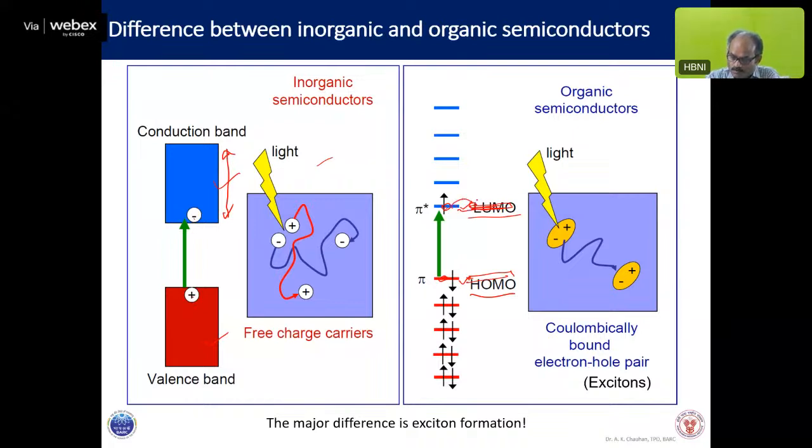So it has to hop from this to this, either by quantum tunneling or some other way. So it has to hop, so that automatically the mobility becomes very low. That is the reason why the efficiency is low in these devices, because electrons are not as mobile as they were in the inorganic semiconductors.